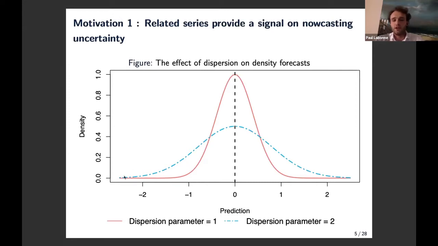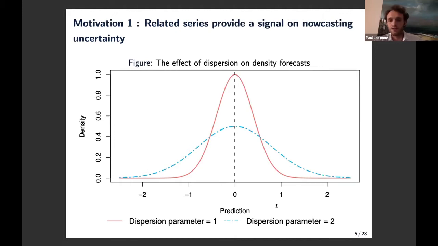In order to communicate uncertainty when we produce forecasts, we usually use a density function, which is attached to the prediction. So we have the location or the conditional mean here, which is the dotted line at 0. And then we have the density, which represents the likelihood that we attach to the various numbers.